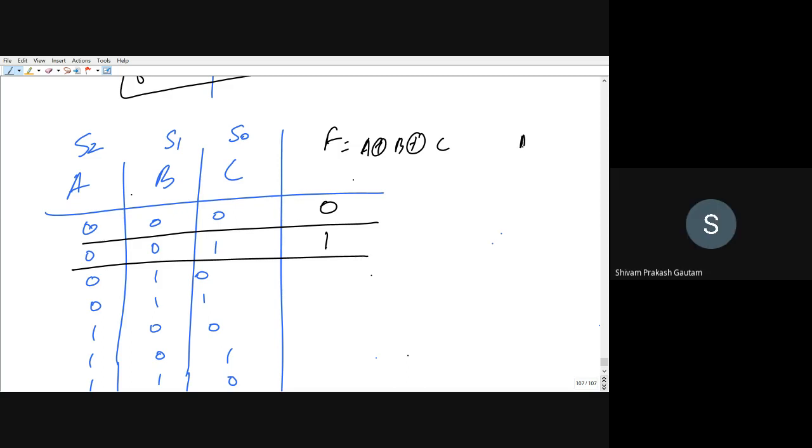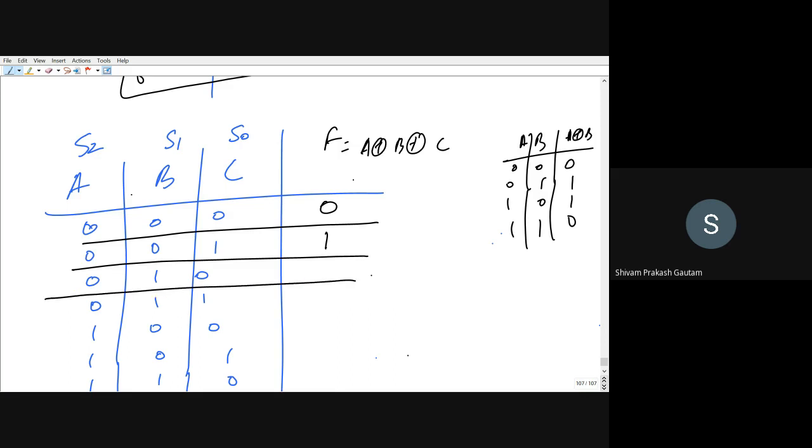So what is XOR operation? A, B, and let us say A XOR B. So here 0, 0, 0, 1, 1, 0, 1, 1. So only for these two cases, output will be 1. But if the input is same, output will be 0. In this case, what will be the output we will be getting? 0.